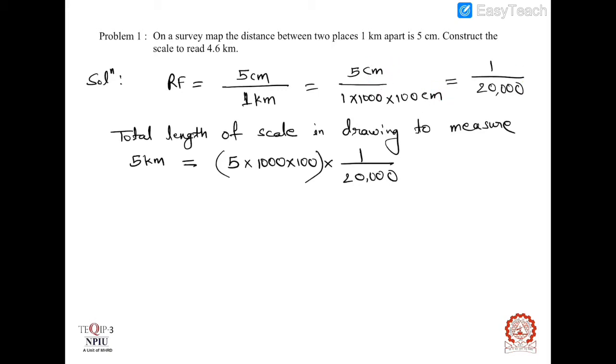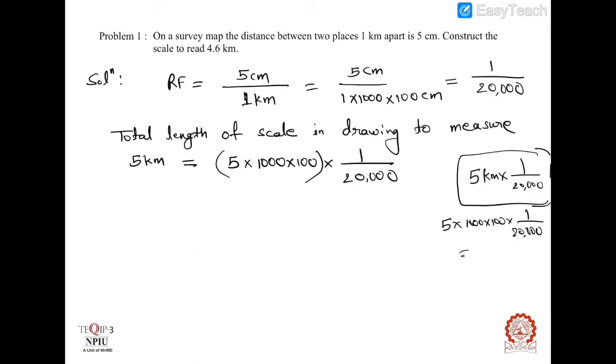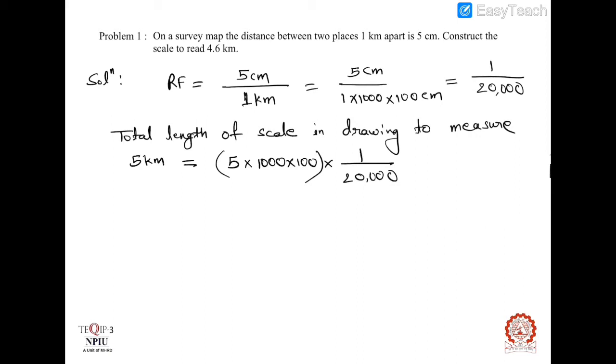This will cancel out, so it does not have any unit. So this 5 kilometer, if you multiply by representative fraction, then it will give you the length in kilometers. That's why we change this kilometer into centimeter and then multiply by representative fraction. This will give you the value in centimeter, which is equal to 25 centimeter.